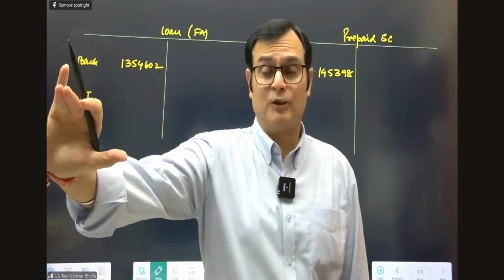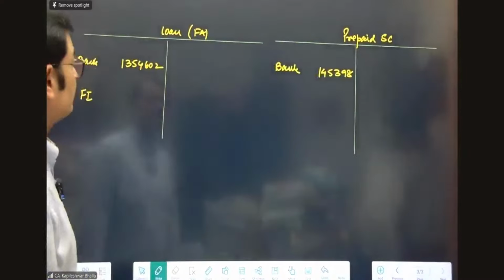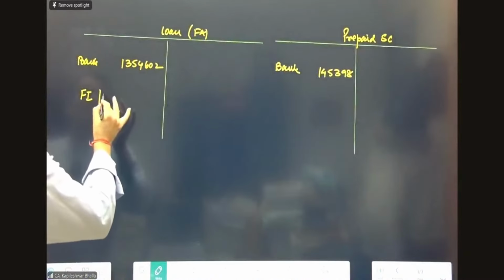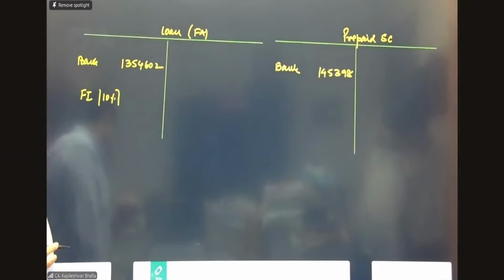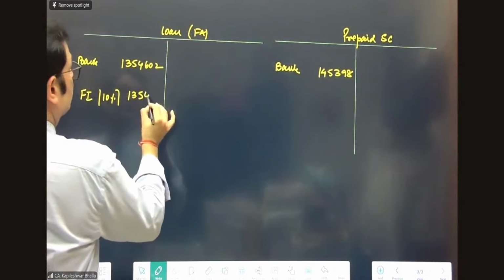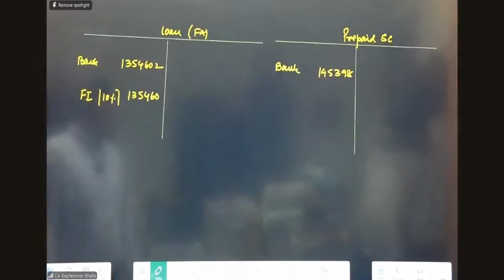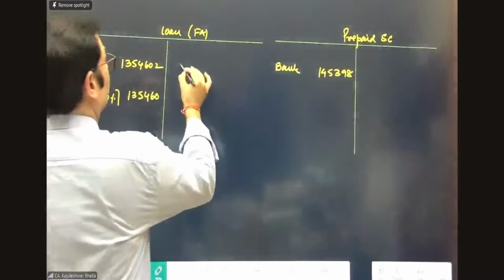Now you're going back and doing an unwinding. So at what rate would this be taken? Again, at the market rate, which is supposed to be 10%. And that works out at 135,460 approximately.